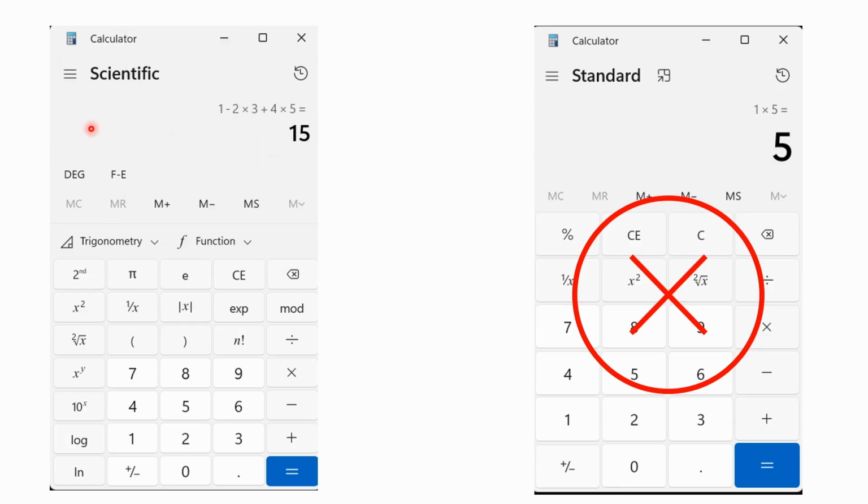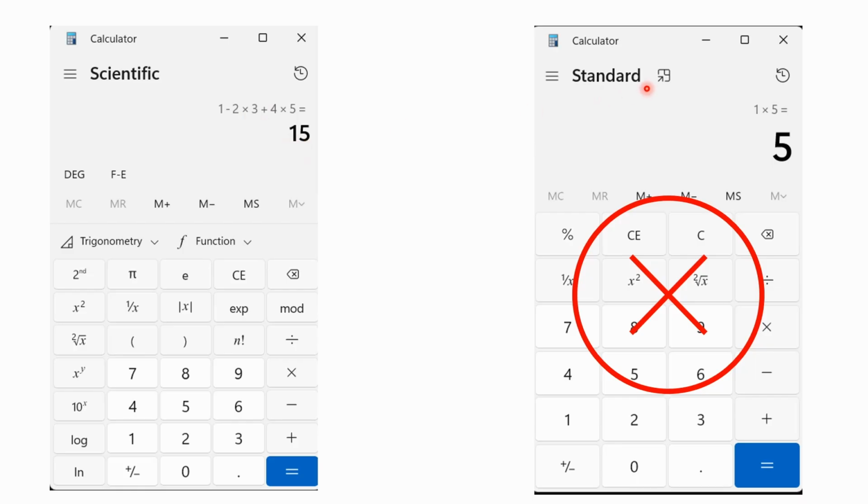Now, this is from a Windows 11 computer, both of these examples. On the one hand, the calculator app on a Windows computer is placed in scientific mode, and in scientific mode this calculator works in expression mode, meaning that you can enter the entire expression 1 minus 2 times 3 plus 4 times 5, press the equal sign, and you get the correct answer of 15.